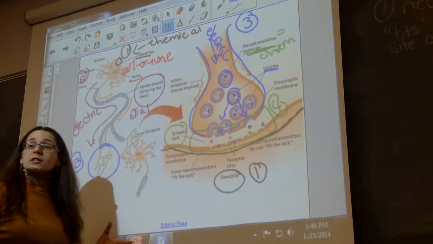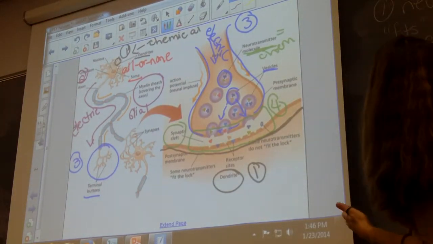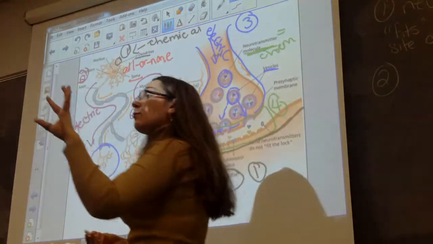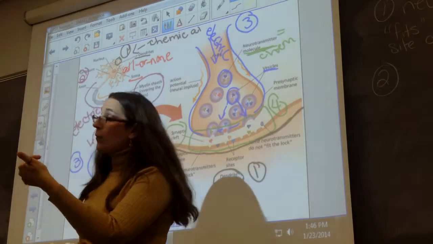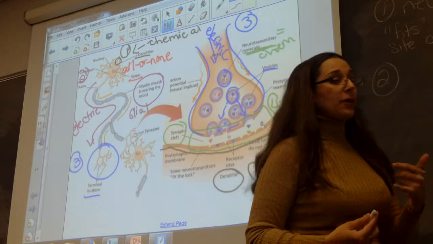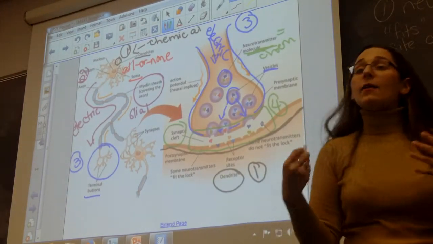Not all neurotransmitters, though, are going to make it to the next dendrite. So the next thing that can happen, yes, it can be rejected. And when it's rejected, we can either have the neurotransmitter break down, or it can be recycled. Okay, so another option that can happen is that they don't get chosen, and they get broken down by enzymes.